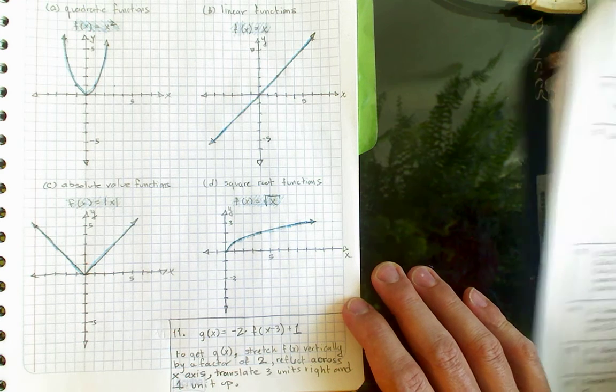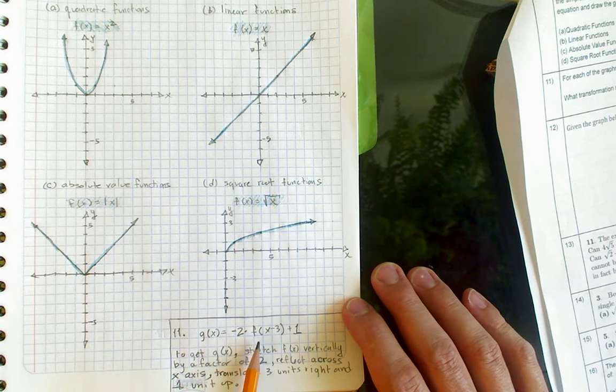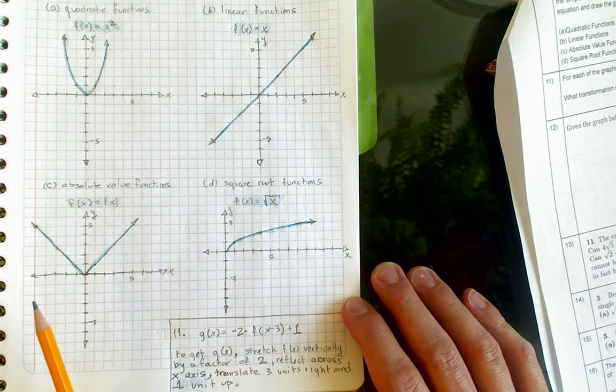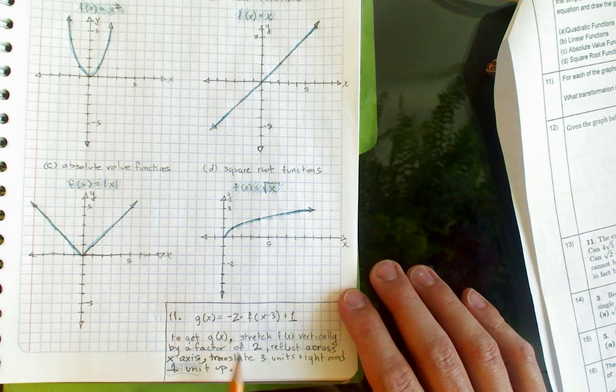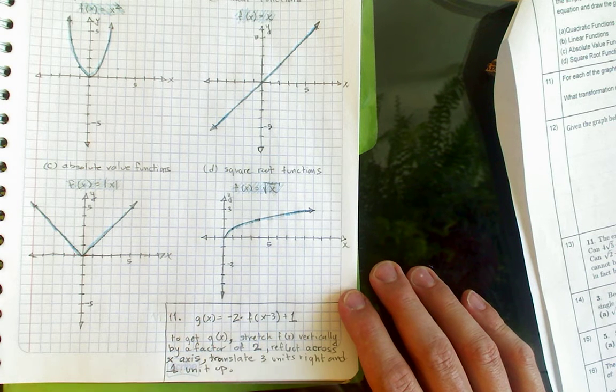G of x is equal to negative 2 times f of x minus 3 plus 1. And I've translated this into words. To get g of x, stretch f of x vertically by a factor of 2, reflect it across the x-axis, and then translate it 3 units to the right and 1 unit up. That's what these 3 parameters do to the function f of x.